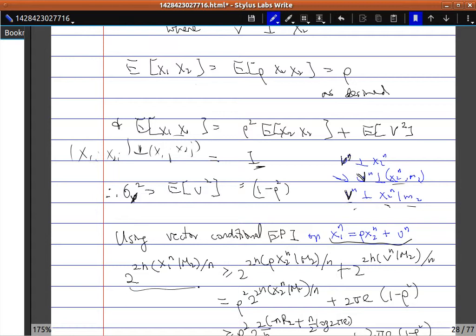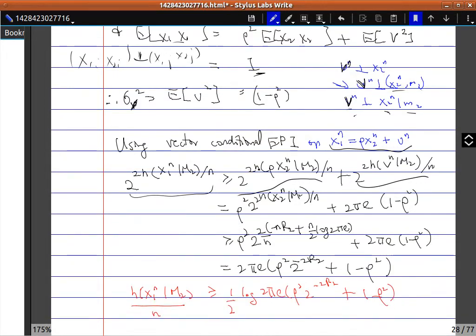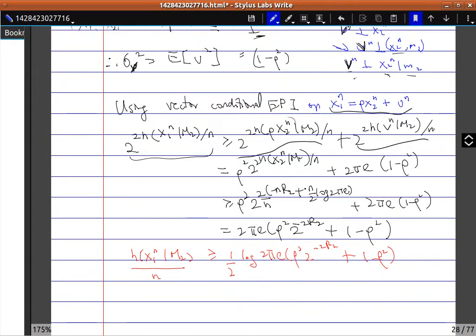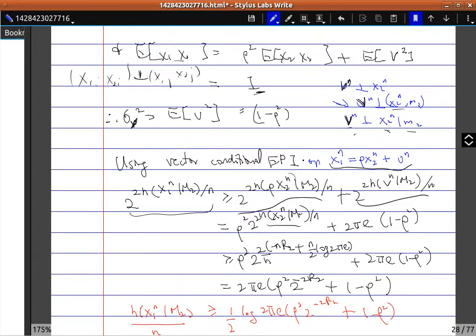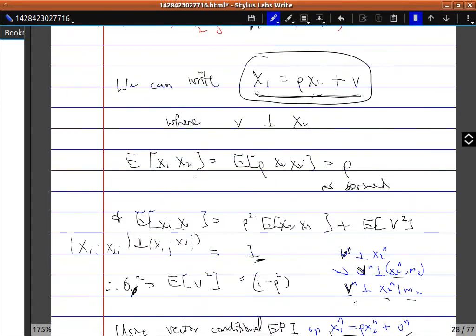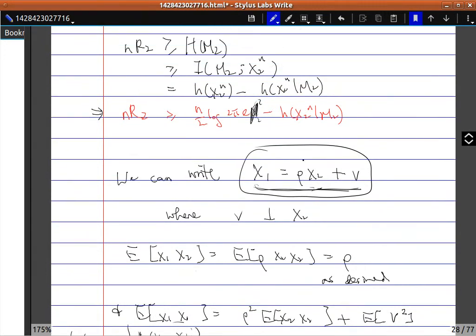So we have this is bigger than or equal to this one plus this one, and rho x2 squared is just rho squared times this one here. The h of x2n given m2 we found earlier is basically here, right?